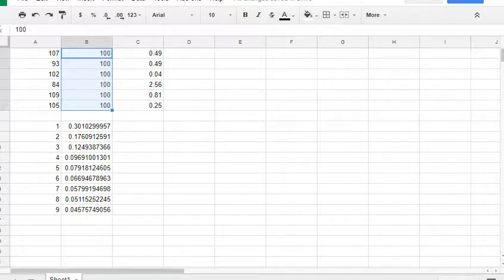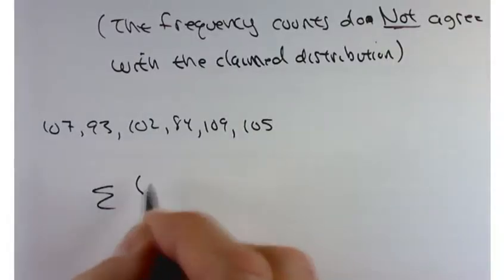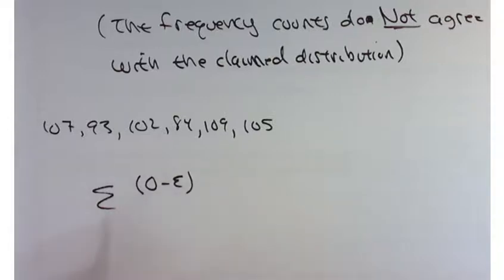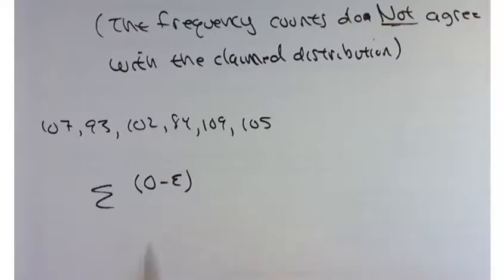The way that works is with this. We're going to sum up the observed values minus the expected values. But we've done stuff like this before, and we ended up with 0. So what we then did was we said, all right, we'll square this result, so that it's not going to add to 0.